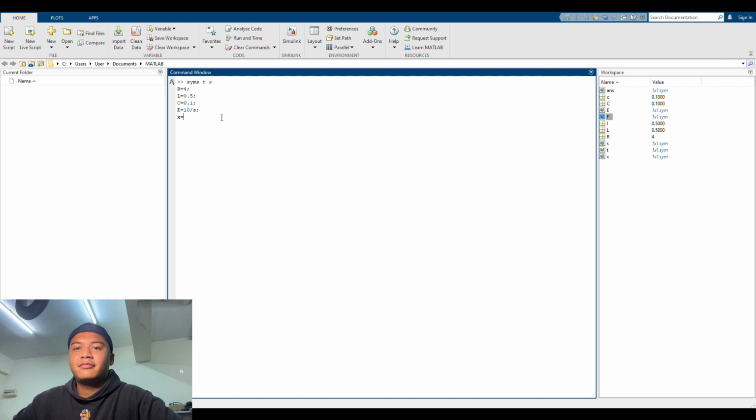So for the equation, x equal to open bracket E times open bracket s slash L times s power of 2 plus R times s plus open bracket 1/C close bracket.